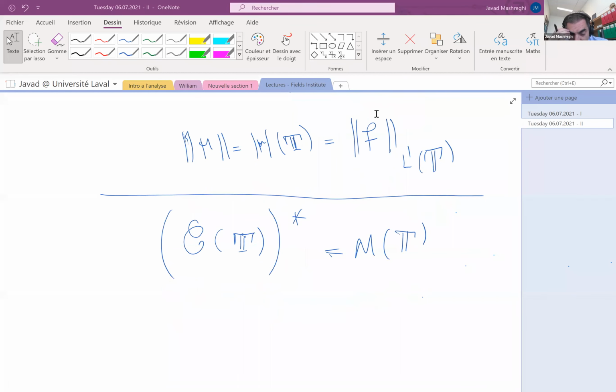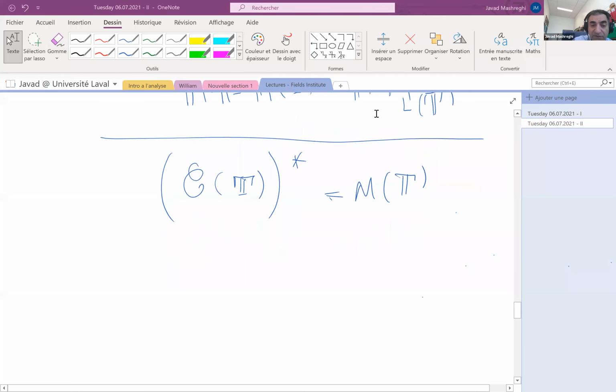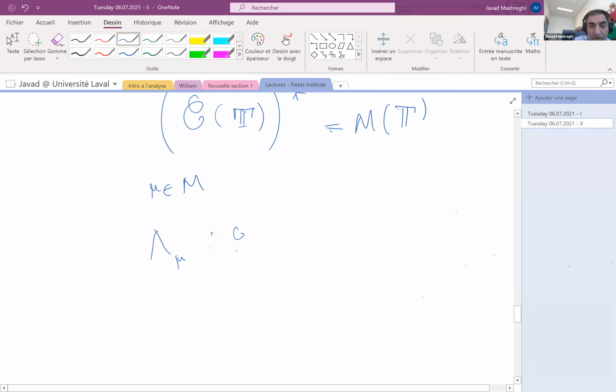Again, two magic words: isometric isomorphism. You know what it means here with any measure mu. So mu is in M. We can define lambda mu from C of T to C by the formula, the integral over T of f d mu.